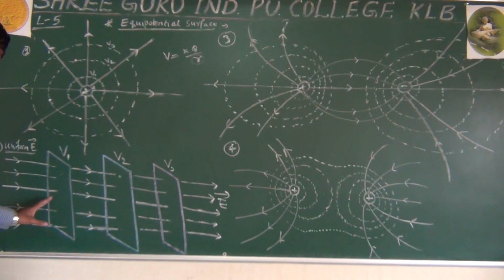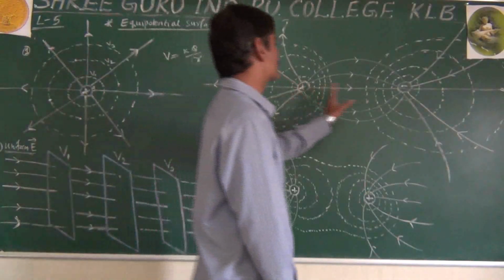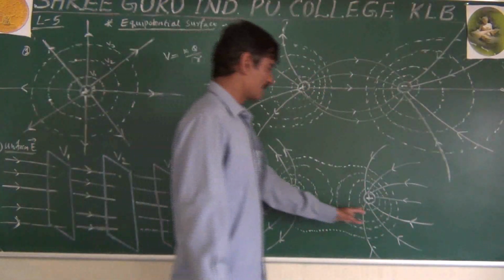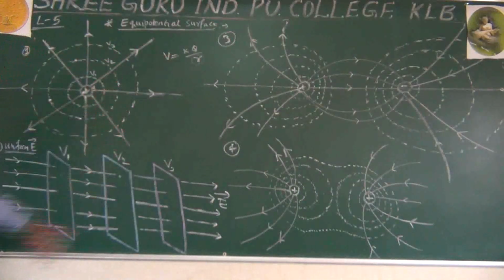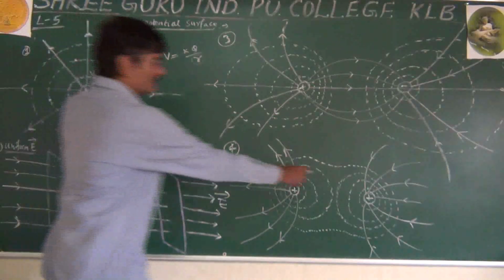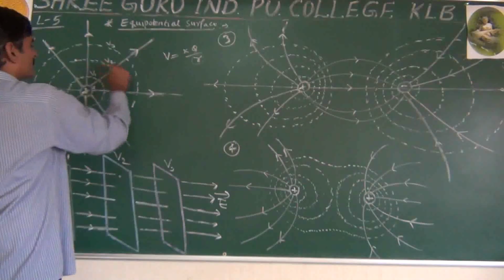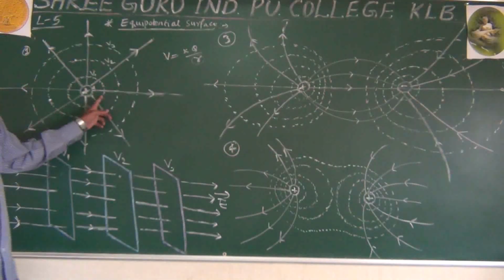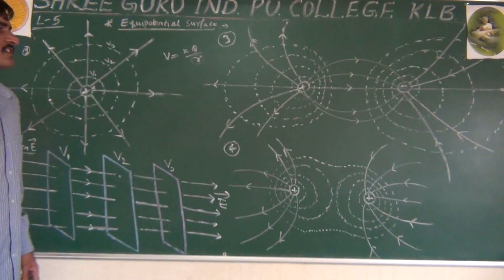This is the equipotential surface due to a uniform electric field. This is due to two equal and opposite charges. This is due to two equal charges. Understand the diagram? In all these diagrams, the dotted line indicates the equipotential surface.